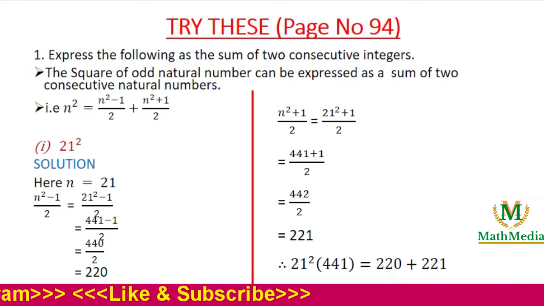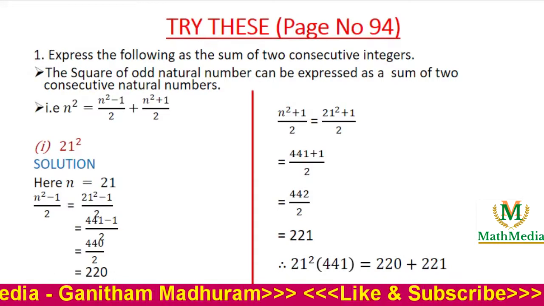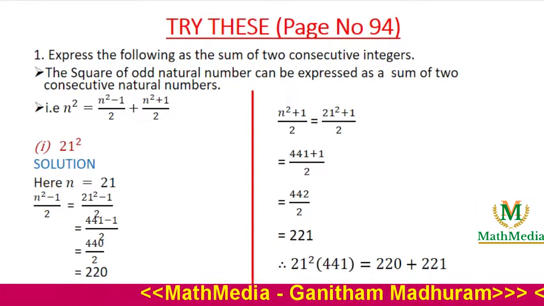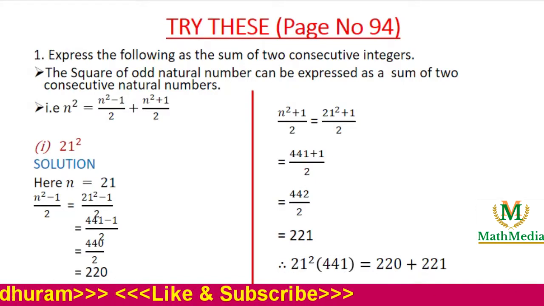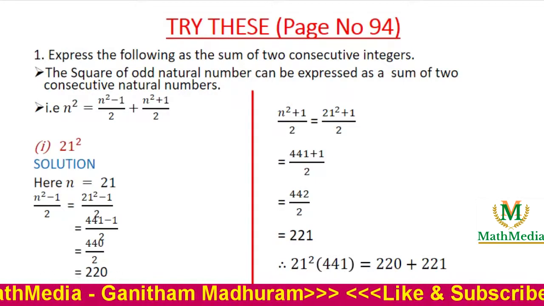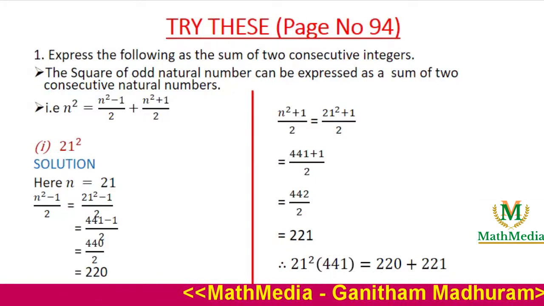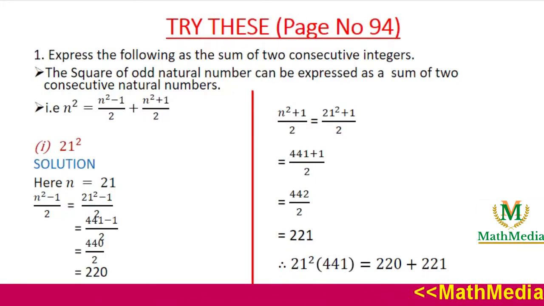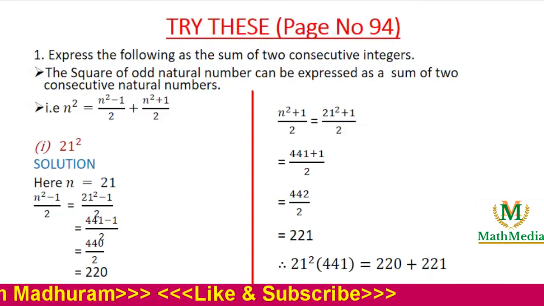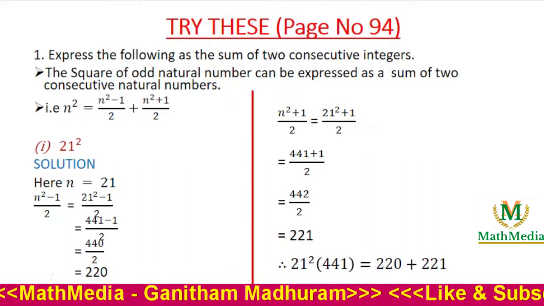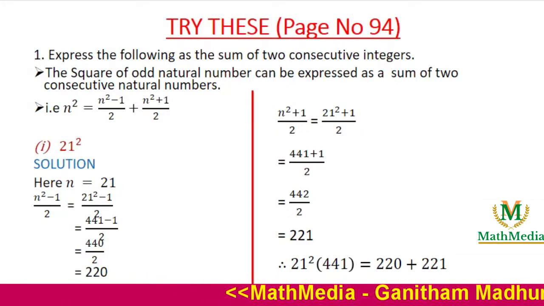Our first question, 21 square. We can write 21 square as the sum of two consecutive natural numbers. Which two consecutive natural numbers when added give 21 square, that is 441? The given number is 21 square, hence we take n equal to 21.